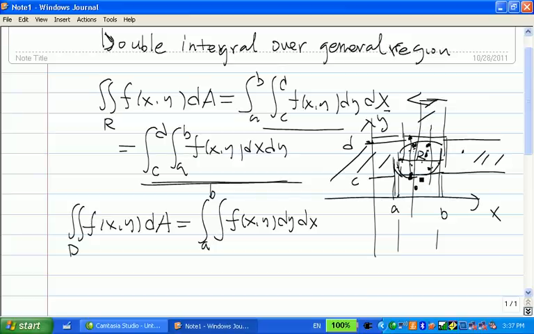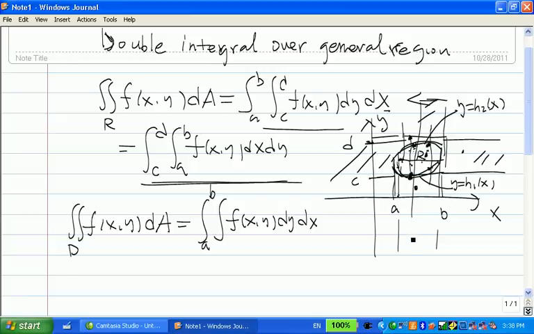To find that out, we need to know this curve. You have a bottom curve here, y equal to, say, h1 of x. Then you have a top curve here, y equal to, say, h2 of x.